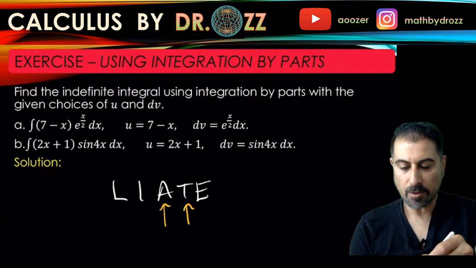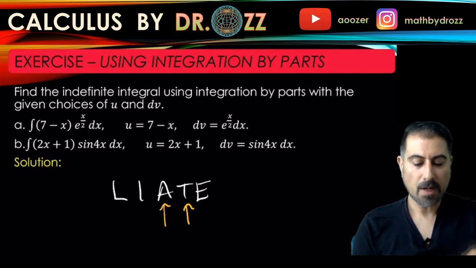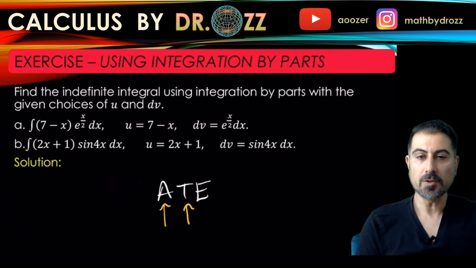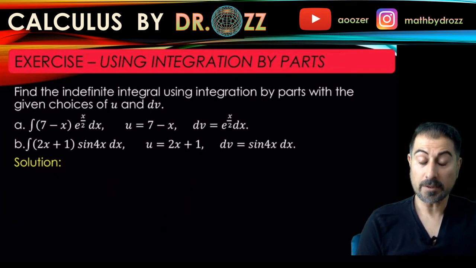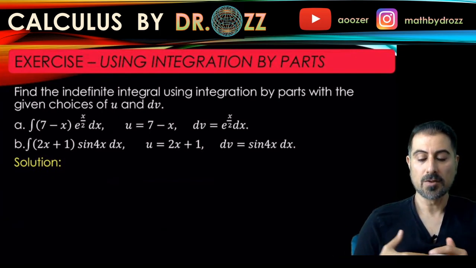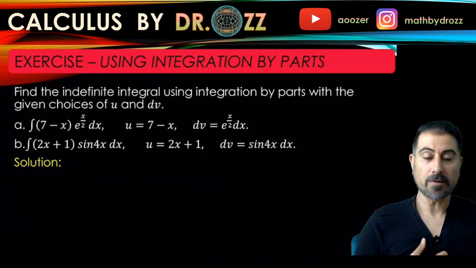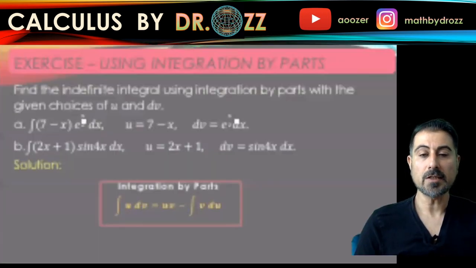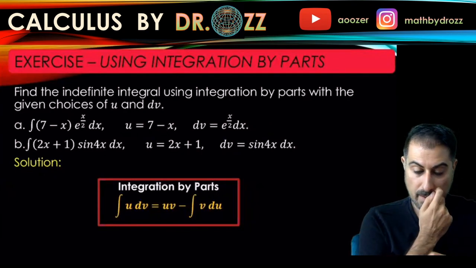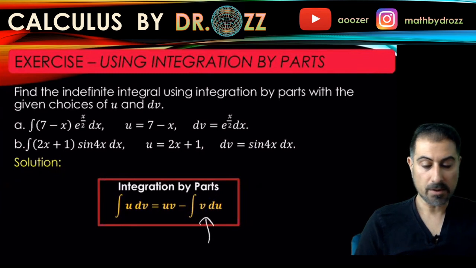All I'm saying is that in this problem, the polynomial is the u in the integration by parts formula, and the rest, which is e to the x over 2 dx, is dv. So all we did is apply the integration by parts formula and take care of one more integration right here. Okay, so that takes care of part A.